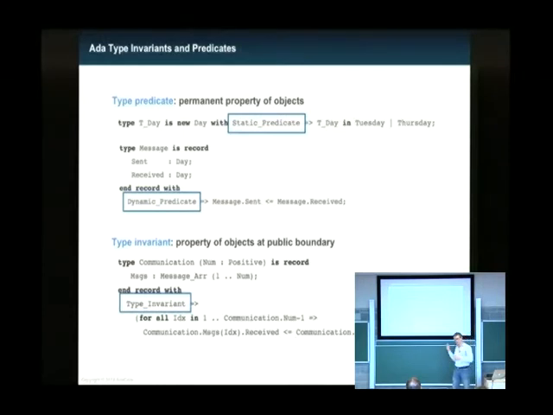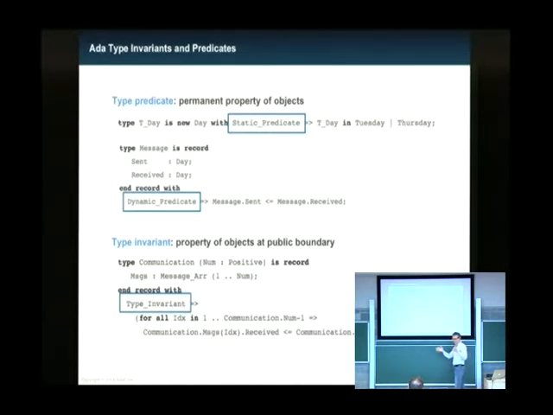In Ada, before that, you could define a type like my type is, for example, a new day with range. You could change the boundaries of the type, but you couldn't take a type and say, okay, I want a new type which is basically this element and this element and this element. At least there was not an easy way to do that. And now you can do that.